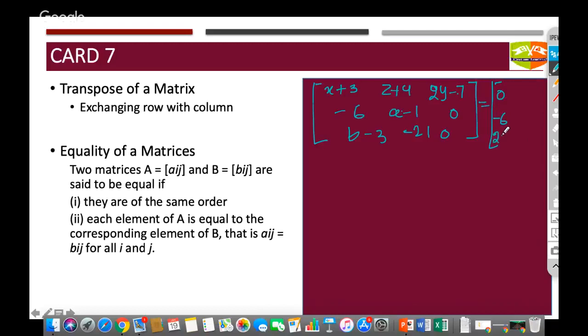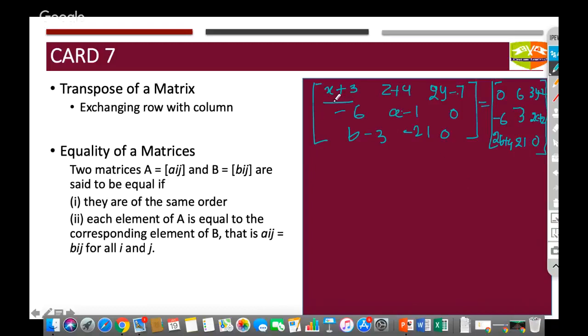I'm writing those terms here, and suppose this is 3y minus 2, this is 2c plus 2, and this is 0. And I just close it. Now I'm asking what is x, y, z, a, b, c, whatever I have written here.